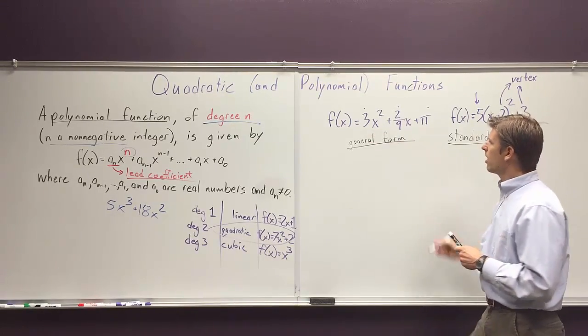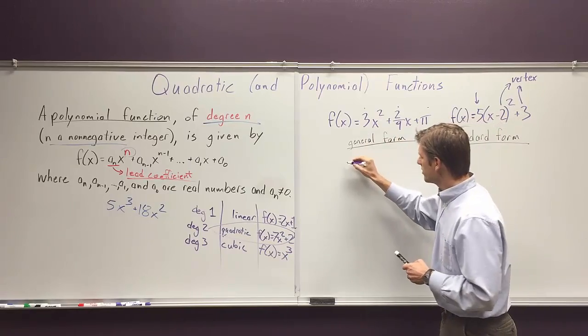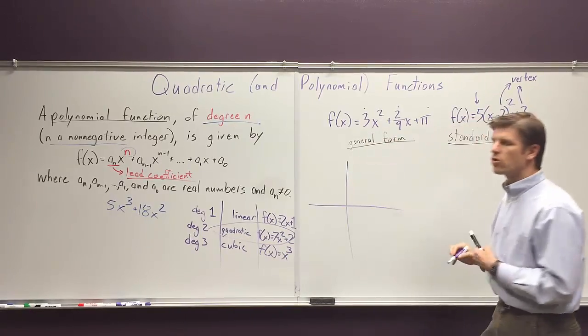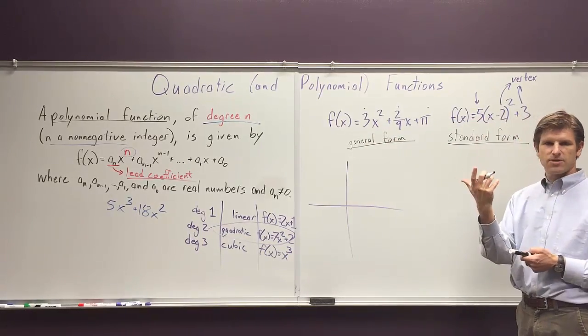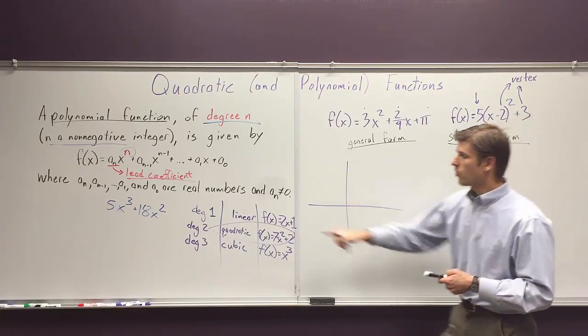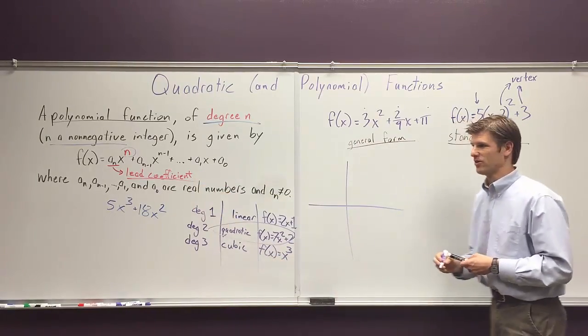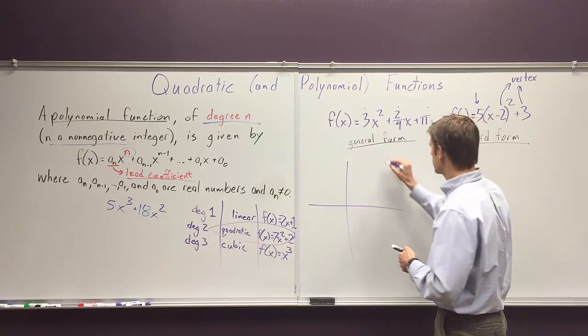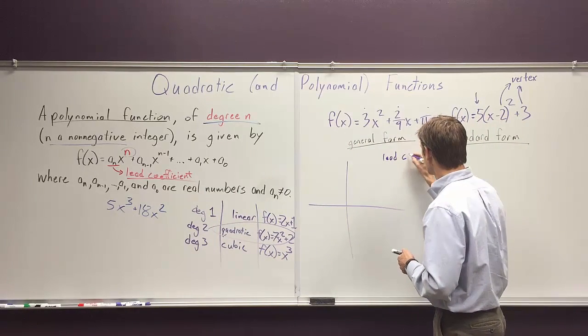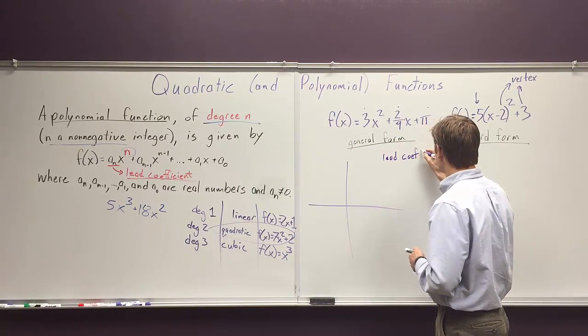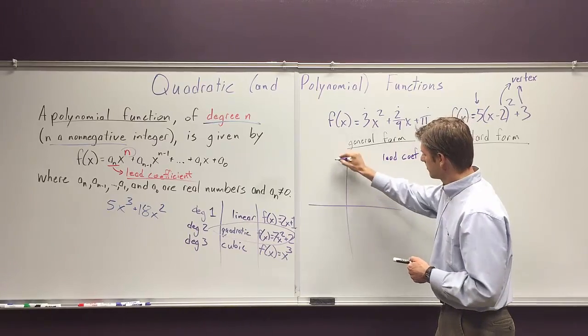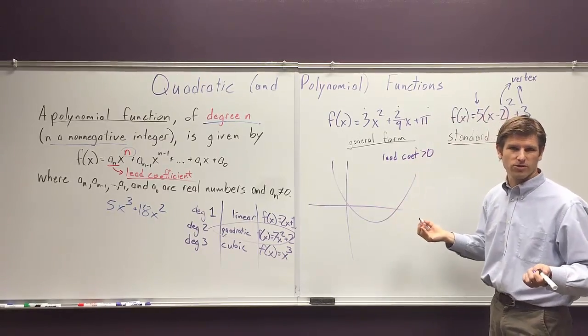Now, a quadratic equation is always going to look like a parabola. It might be cupped upwards or cupped downwards. This is one of those places where the lead coefficient is really relevant. If the lead coefficient is greater than 0, it's always going to be cupped upwards.